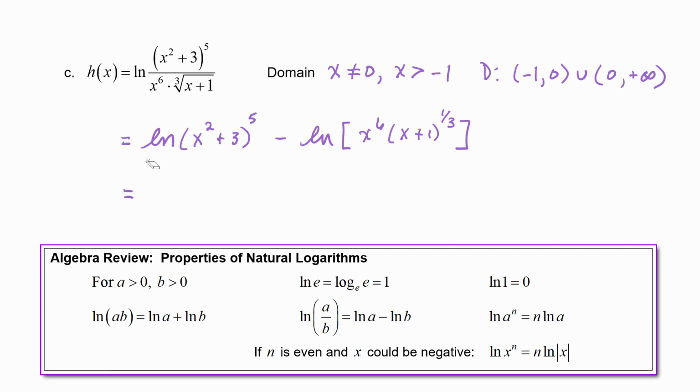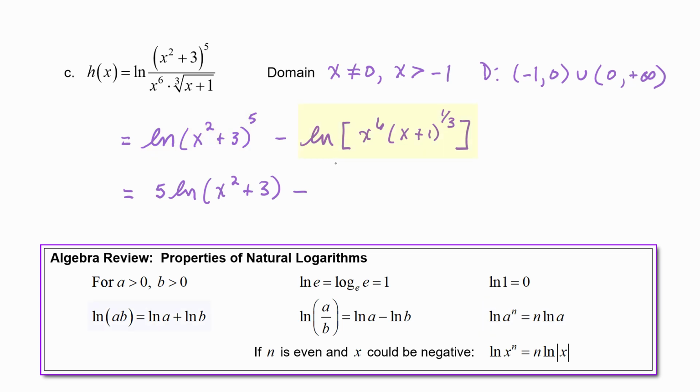Now for this first term, we see that we have an exponent of 5. We can bring that to the front. So we have 5 times the natural log of x squared plus 3. We have a positive argument with an odd exponent, so we don't need any absolute value symbols here.